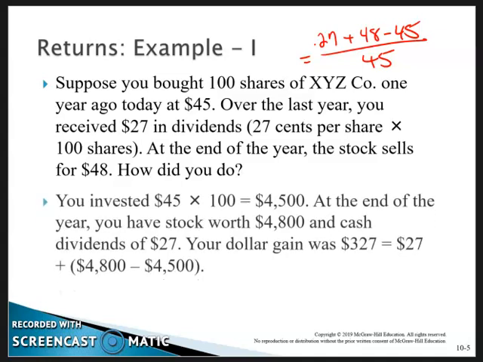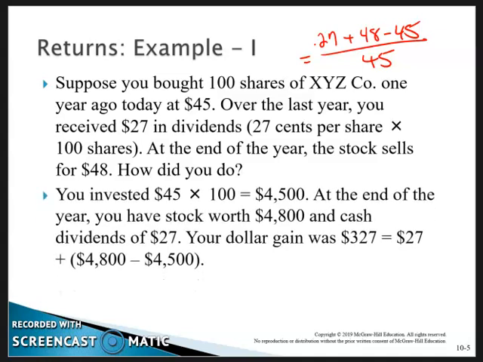But the way the book does it, we're going to consider all the shares of stock. So you multiply that 45 times 100, you get 4,500. That's your initial investment. And then the stock goes up to $48, which raises the value to $4,800. So your dollar gain is $327.